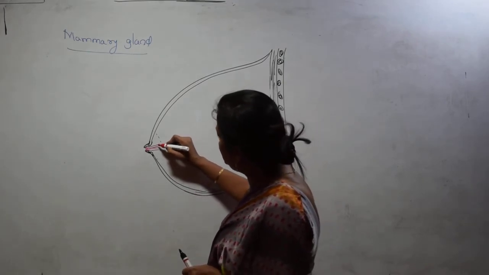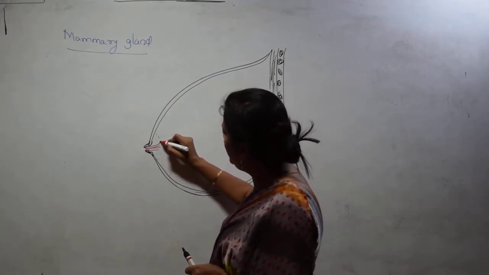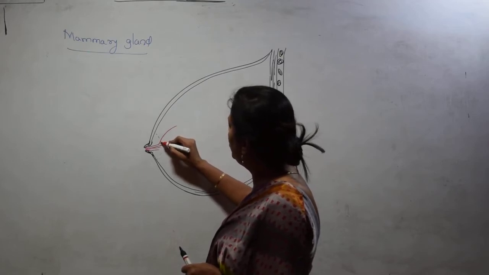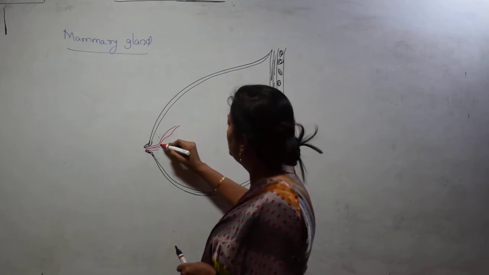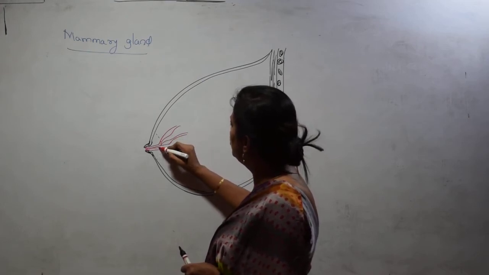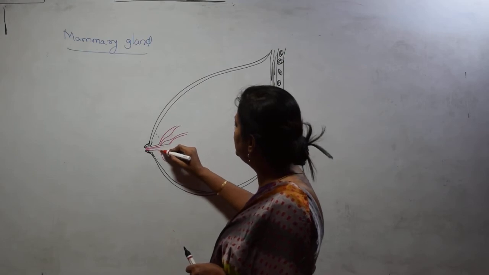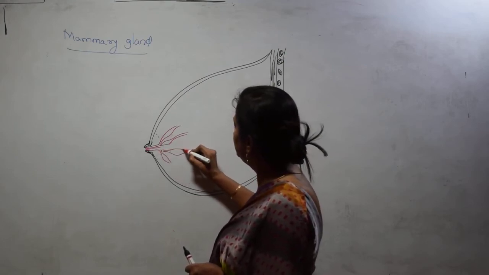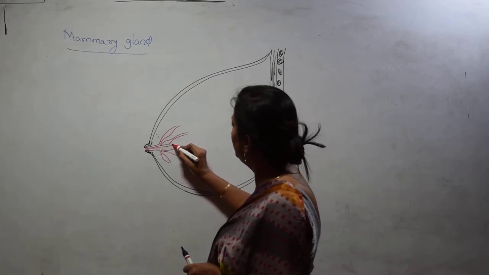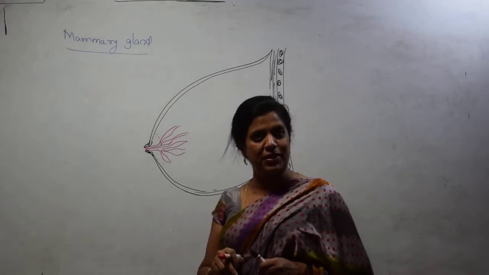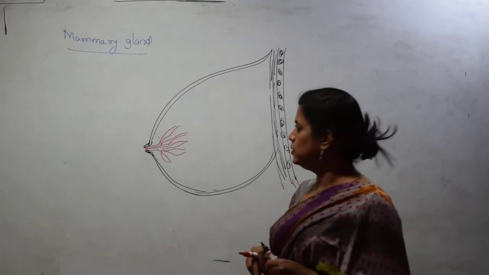Then the lactiferous duct will further branch into a number of lactiferous ampullae, as we call them, where the milk will be deposited. Like this, milk will be deposited. These are called lactiferous ampullae.